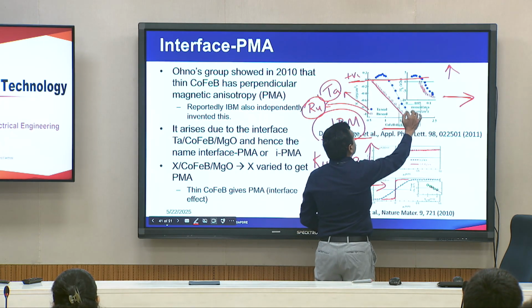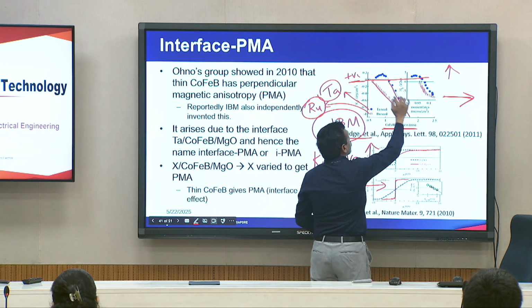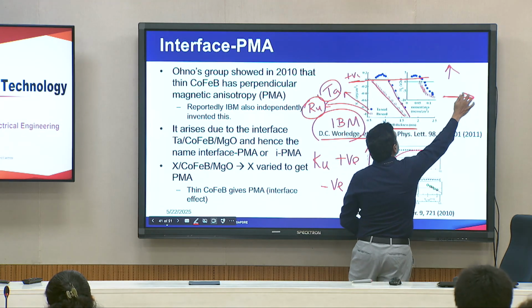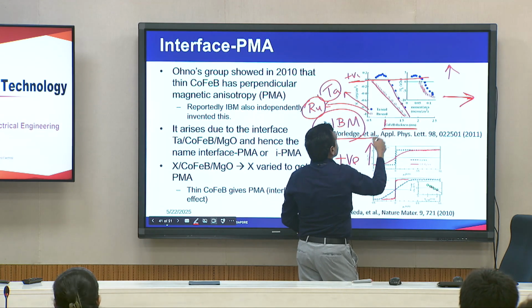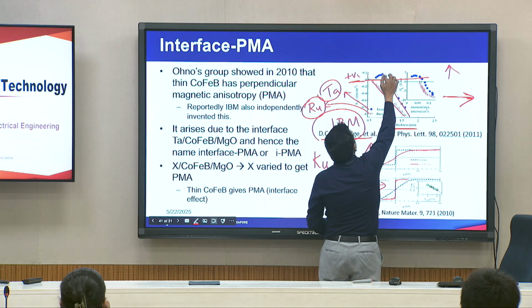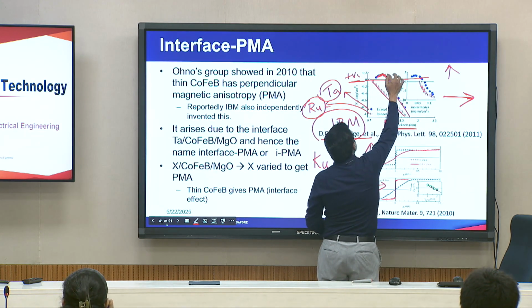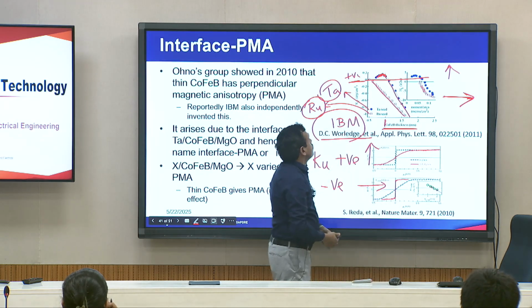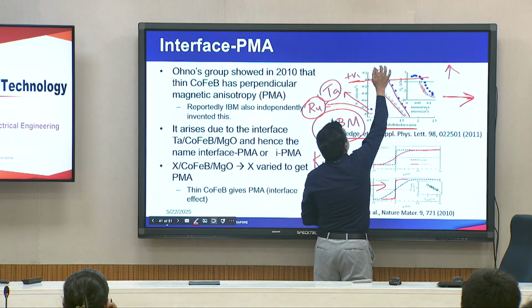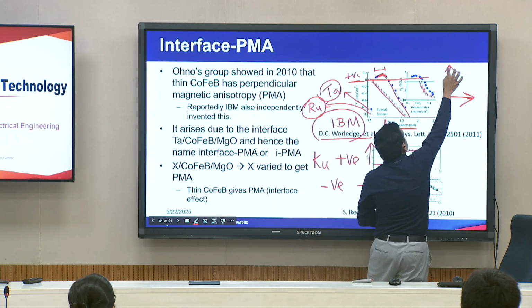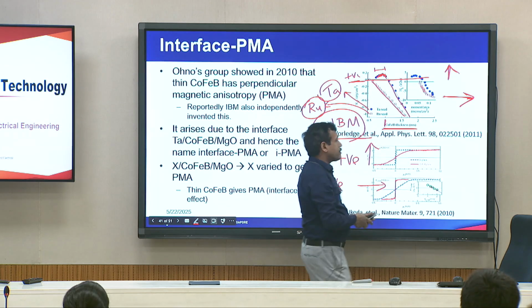Ku is negative until this point, which means magnetization is in plane. And when you go to about 1 nanometer, you see the Ku becomes positive. So in this region, Ku is positive, which means for this range of thickness, magnetization can lie perpendicular to the disk surface.